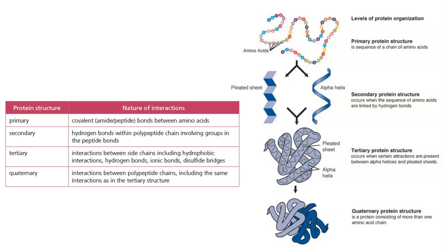Tertiary structure, which is the attractions between side chains folding the protein up into an overall three-dimensional shape, giving it its active form. We can also see quaternary structure where we have multiple polypeptide chains coming together to form a larger, more complex unit. So for primary, secondary, and tertiary, we are always talking about within the same chain. Quaternary, we're talking about multiple chains.